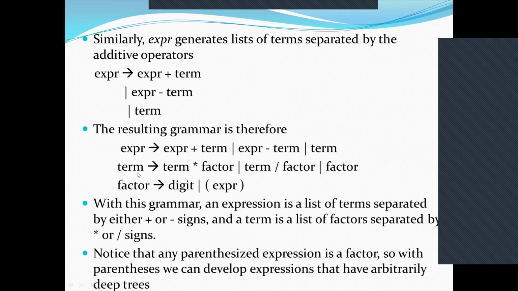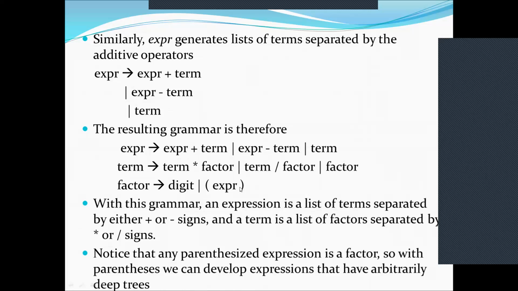And once the term is generated, the term will be put in the appropriate place so that the expression can be generated. Now, your highest precedence goes to your star and the slash, or the multiplication and division, and the second precedence goes to your plus and the minus. This is what is explained here.